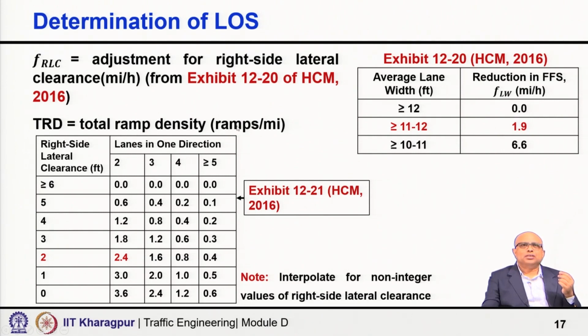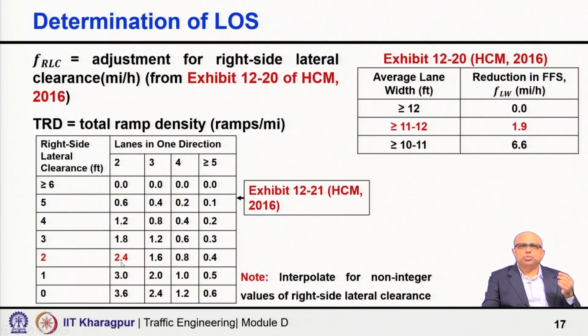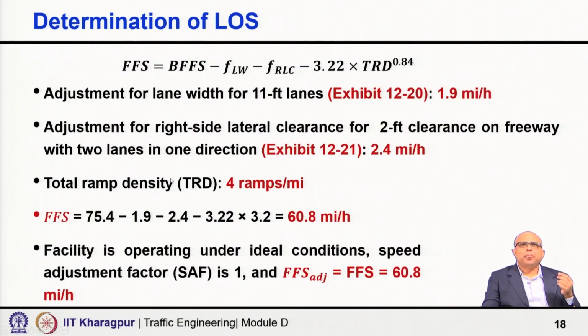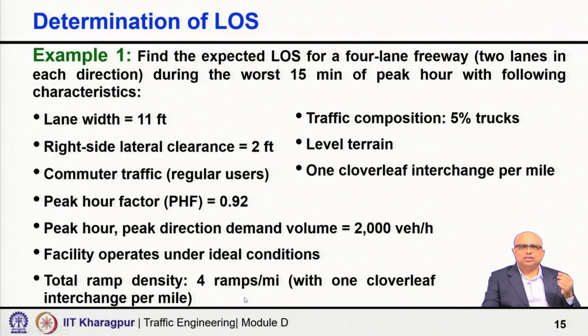Then the right side lateral clearance we can take based on the number of lanes; the table is reproduced here. The adjustment for the 11 feet lane is 1.9, and the adjustment for right side lateral clearance of 2 feet for a freeway with 2 lanes in each direction is 2.4 miles per hour. So, that much adjustment we have to do. Total ramp density is 4 ramps per mile.